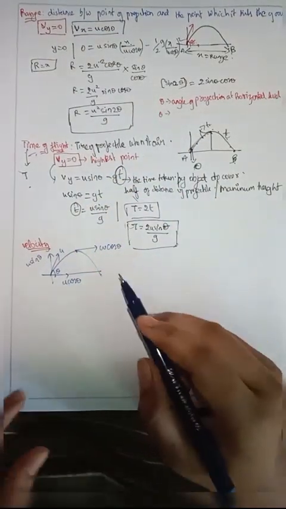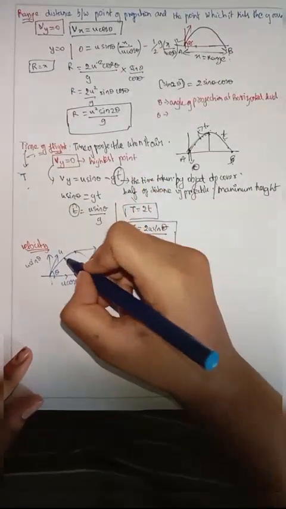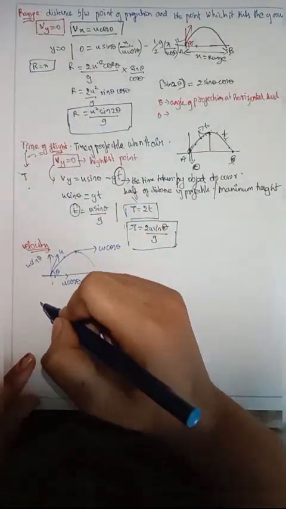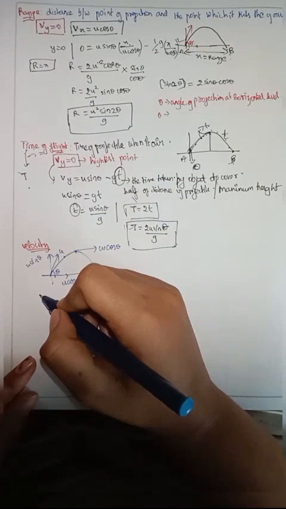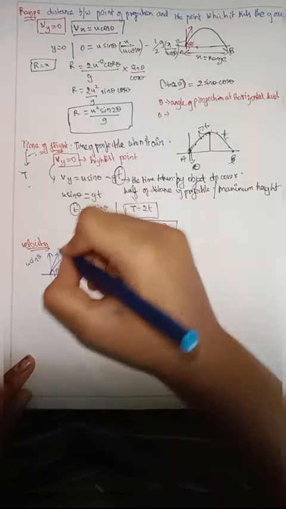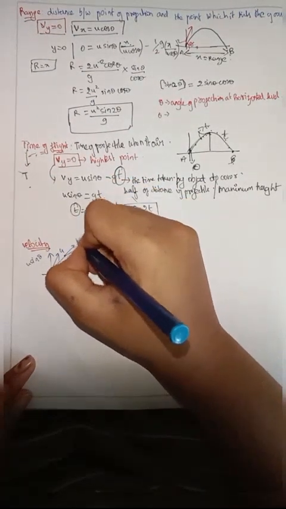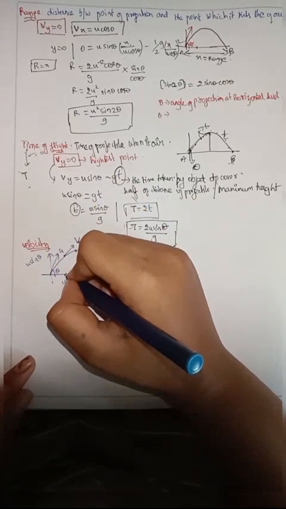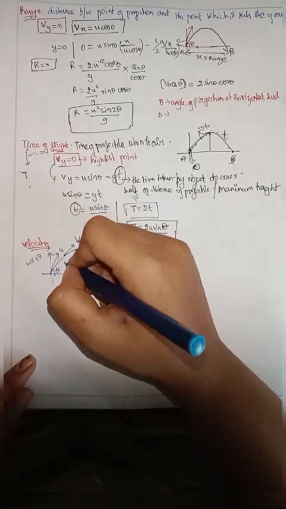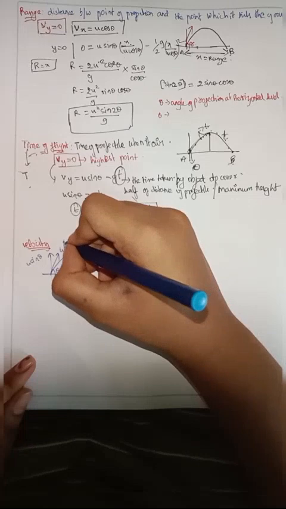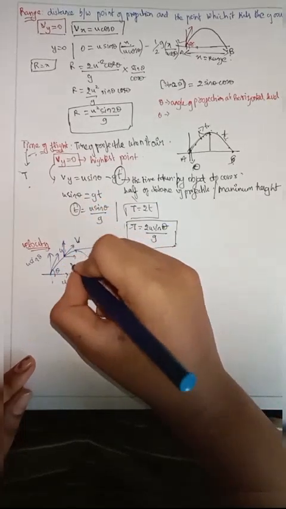If we take any point here, the velocity will be, let's say, v. This is not the initial velocity. This is the vy direction, and this is the vx direction.